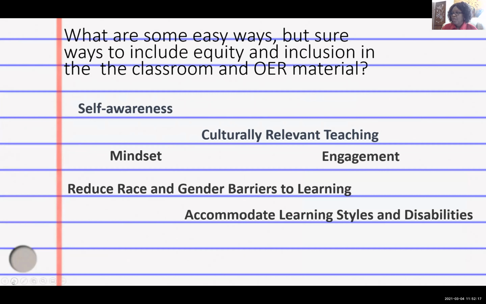Self-awareness. So our first speaker talked a little about that we should review, reflect, and revise. That's not just with the material. We should provide material that will give opportunities to students to review, reflect, and revise their own awareness.